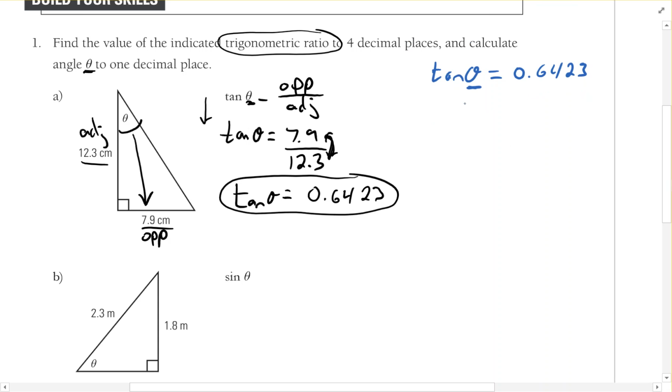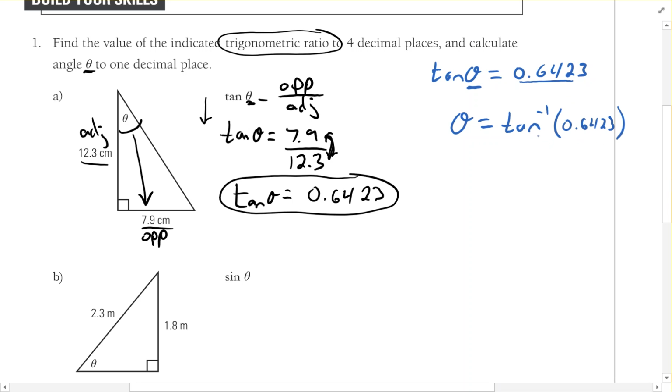So the next step, you go down and say, okay, the angle theta, without the tan attached to it, is going to be equal to tan inverse, that's what that -1 means, of this ratio, 0.6423. So that's what that's going to equal.